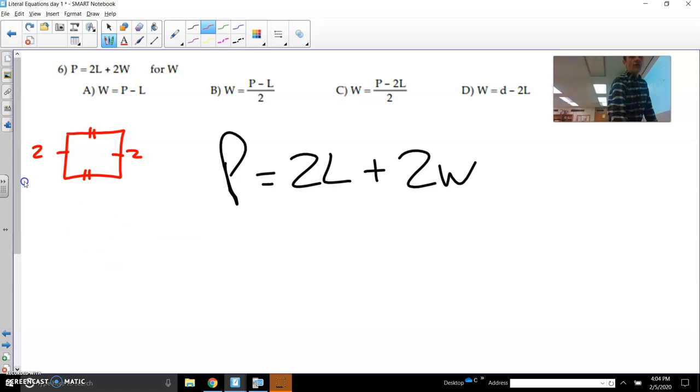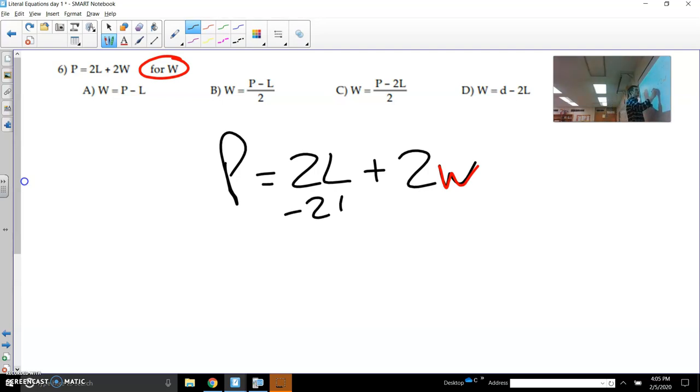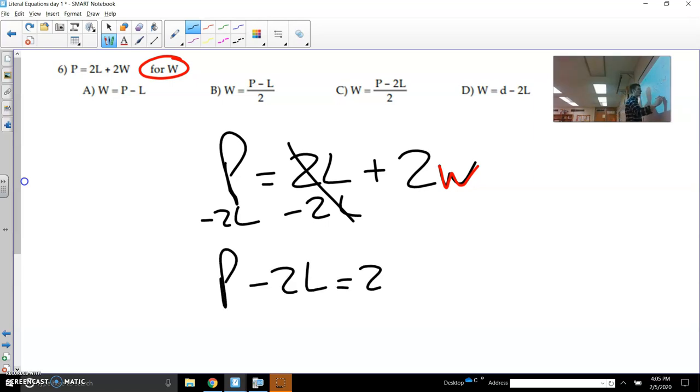But maybe I want to change the formula to calculate a particular aspect of it, maybe just the width. So this is one that we did in class today. We also did one similar in the library, if I took you to the library. So I want to start by moving that 2L to the other side. P minus 2L equals 2W.